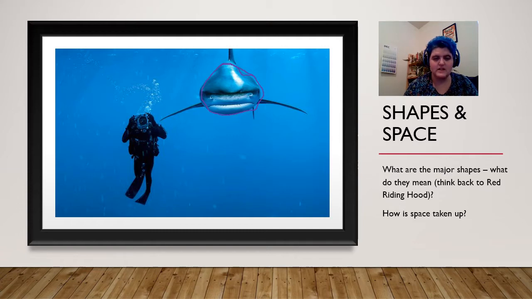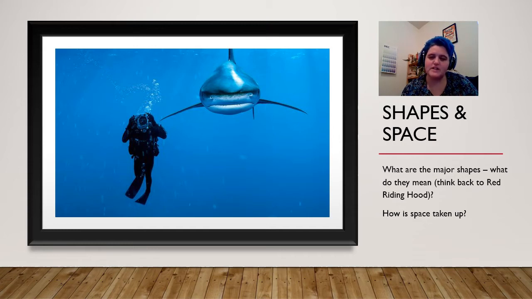On the other hand, we have this very pointy shape happening here that makes a triangle. It is a very, very pointy triangle, and that makes me very nervous for the diver, right? And so maybe overall this is not a very calming image, even though there is that cuddly bit in the middle of the shark. It's very, very pointy on the outsides. And so we can think about that.